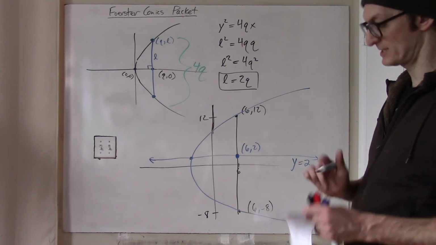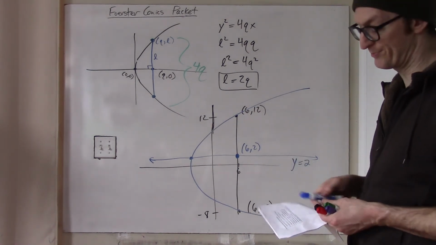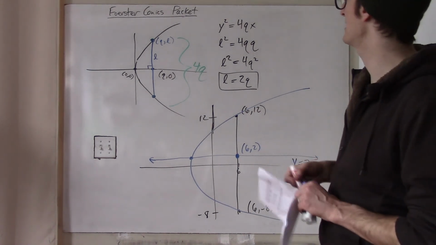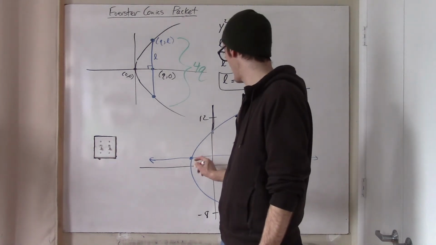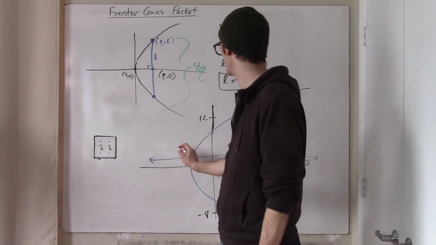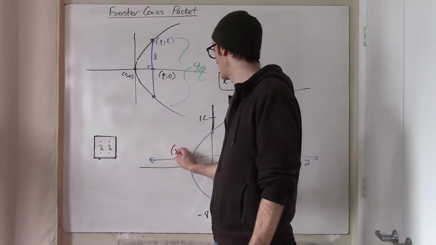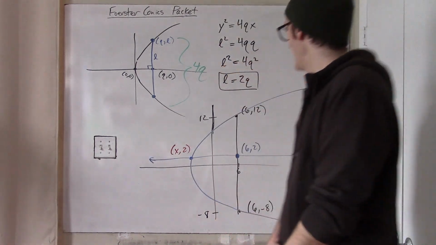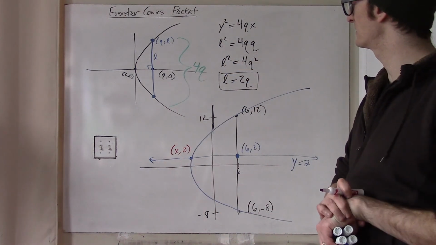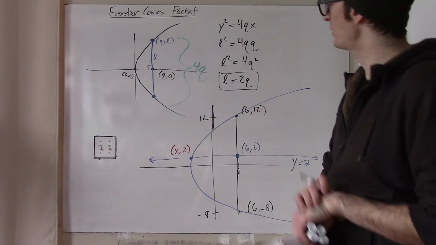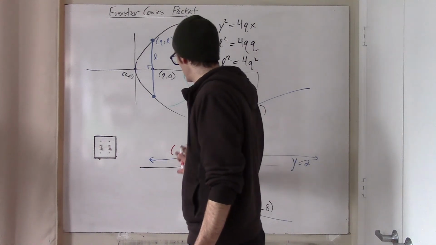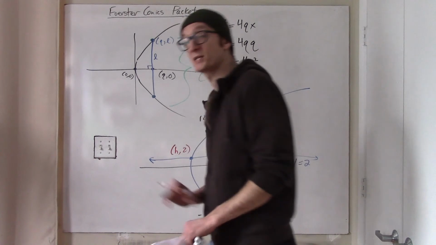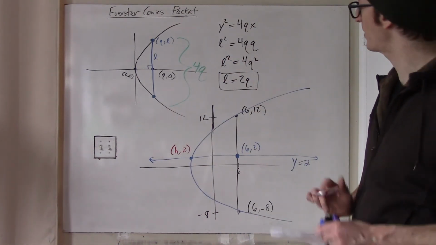And what does that tell me, perhaps? It tells me that the coordinates of the vertex, which is maybe the only thing I care about, must be something, so I'll call it x comma 2. Well, no, let me call it h comma 2, because h is the x-coordinate of the vertex, but I don't know what it is yet.